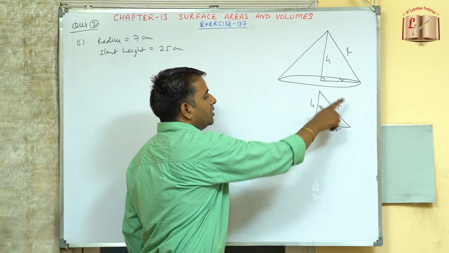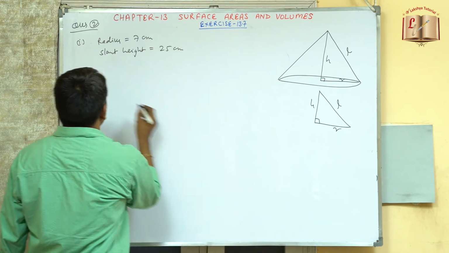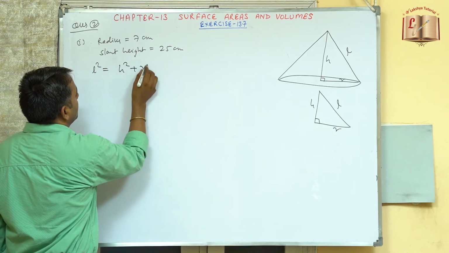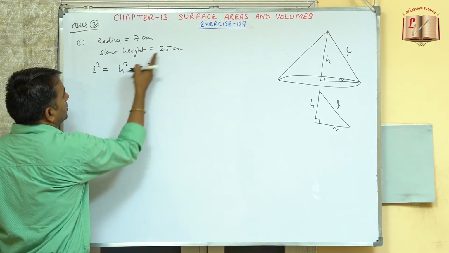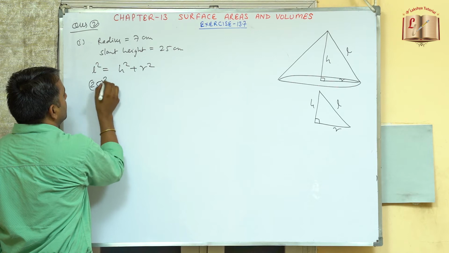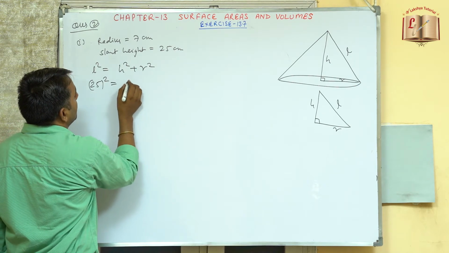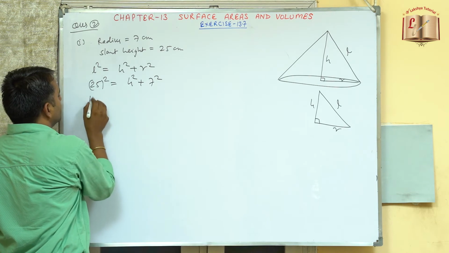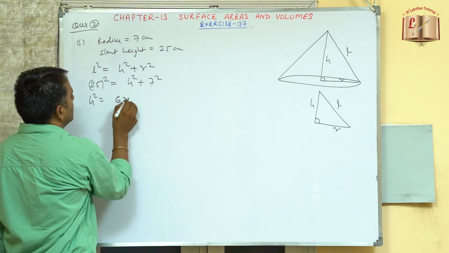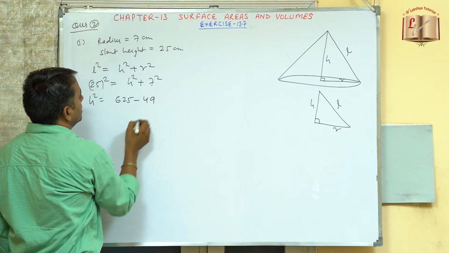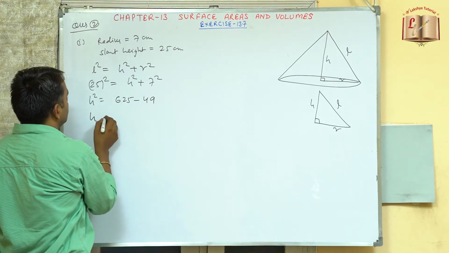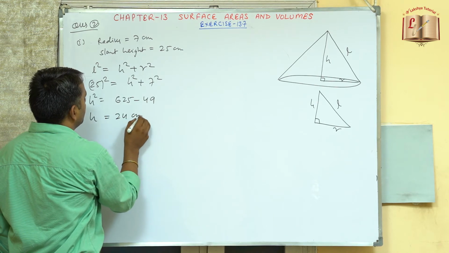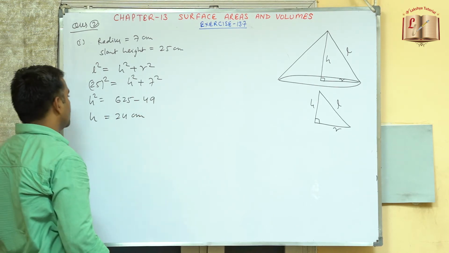L square is equal to H square plus R square. L is given, 25 whole square, is equal to H square, which we need to find out, plus R square. So H square will be equal to 625 minus 49. So H will be 24 centimeter.